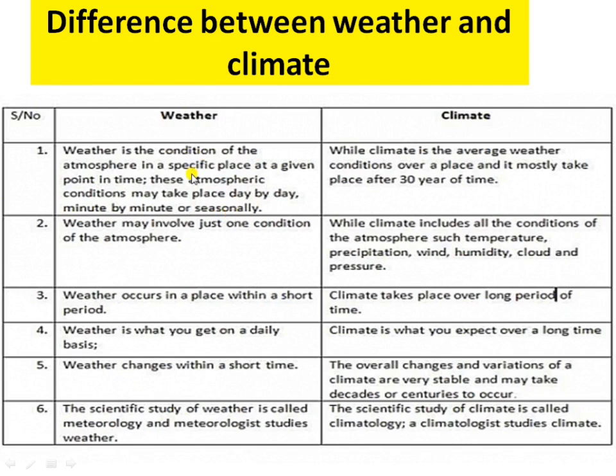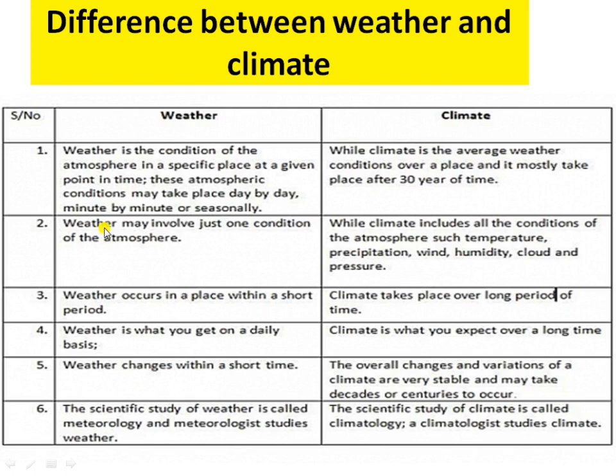Weather is a very short period of time which can easily vary. But climate is the average weather condition over a place, and it mostly takes 30 years of time. We have to collect the data for 30 years, or 25 to 30 years.